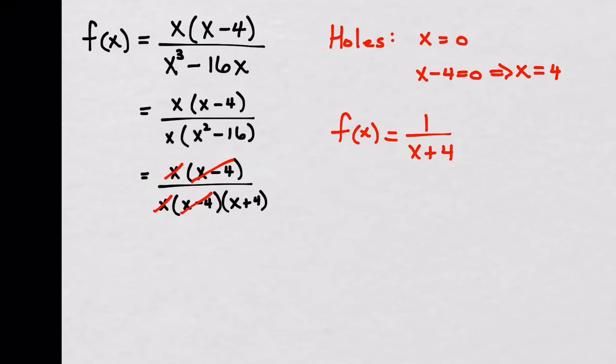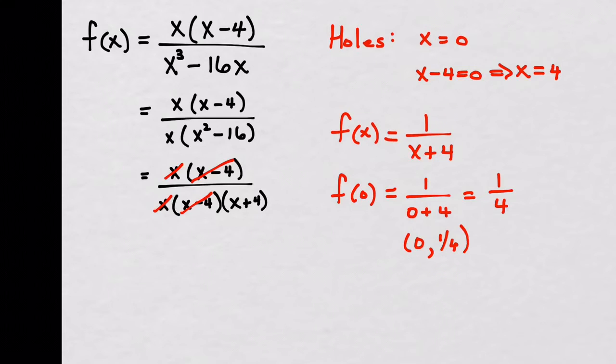So now I'll evaluate f at both 0 and 4 to find the y-coordinate that goes with those. So if x is 0, then f of 0 is going to be 1 over 4. So that tells me that there's a hole at the point (0, 1/4).